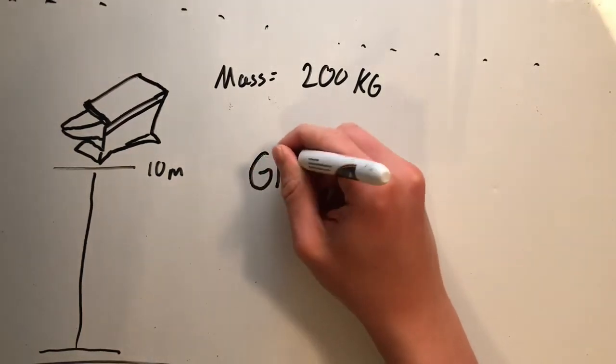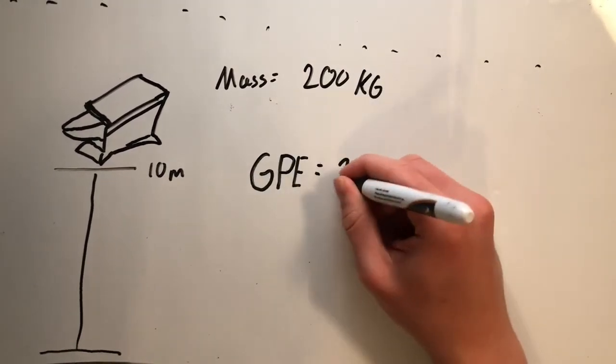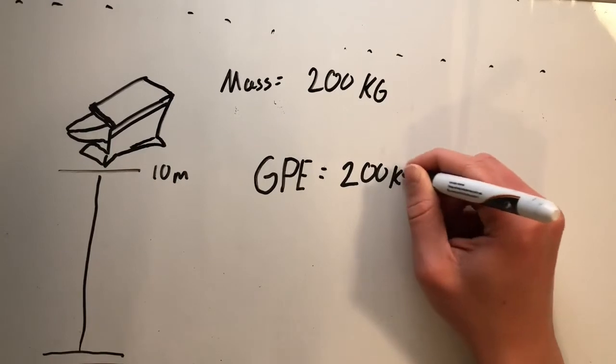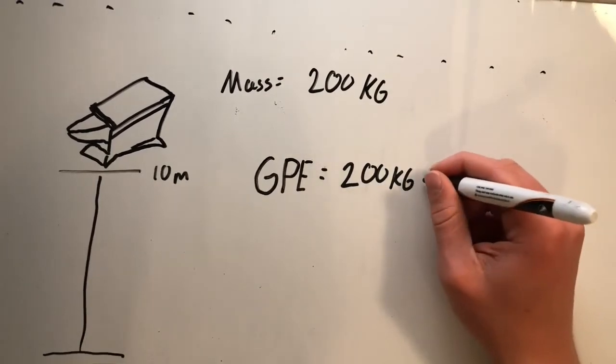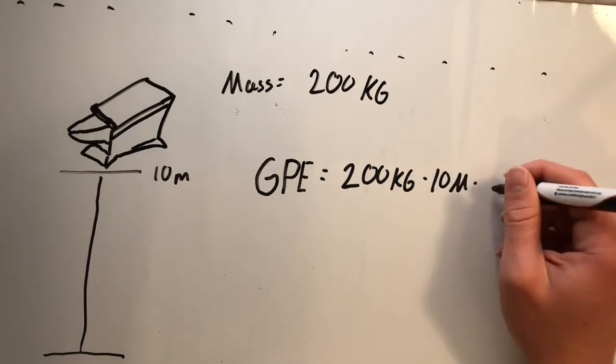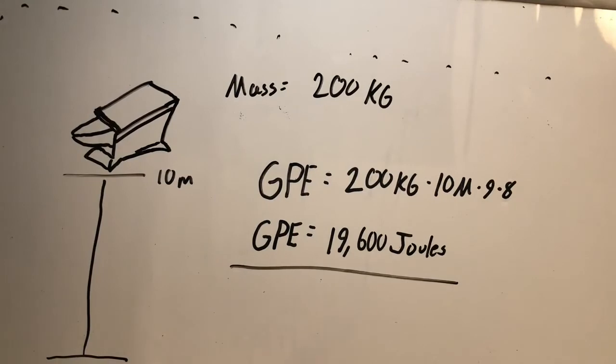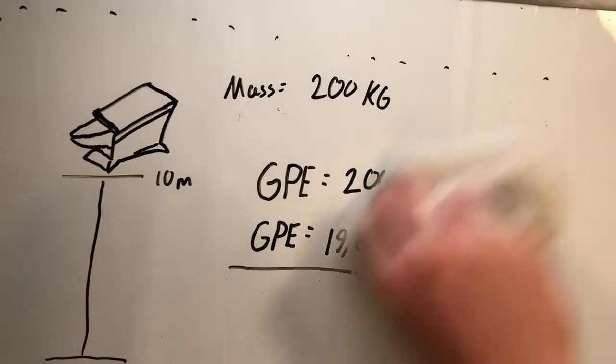To find this, all we need to do is plug each value into our gravitational potential energy formula. To find gravitational potential energy, we find the product of 200 kilograms multiplied by 10 meters multiplied by 9.8 newtons per kilogram. This will give us a gravitational potential energy of 19,600 joules. At that height, the anvil has a gravitational potential energy of 19,600 joules.